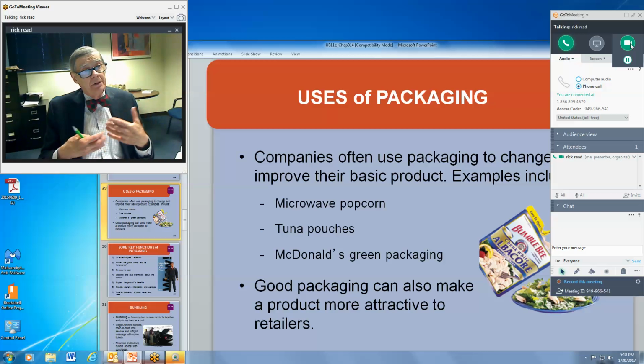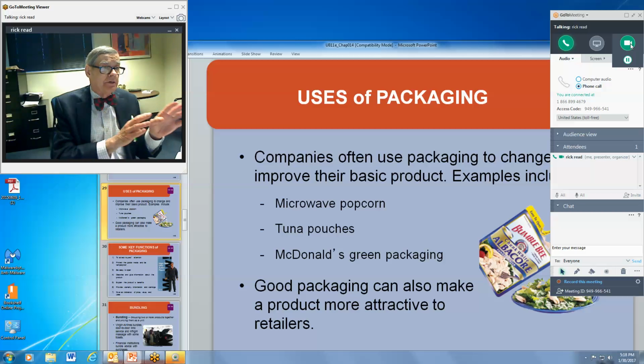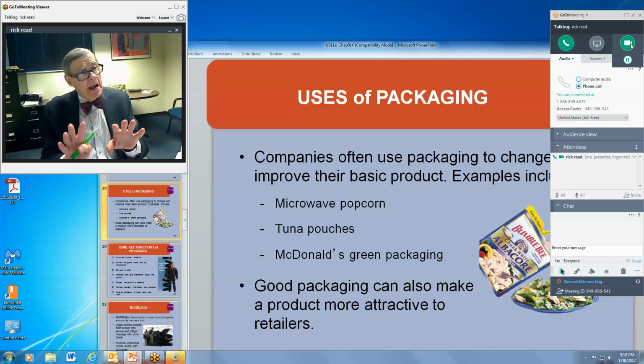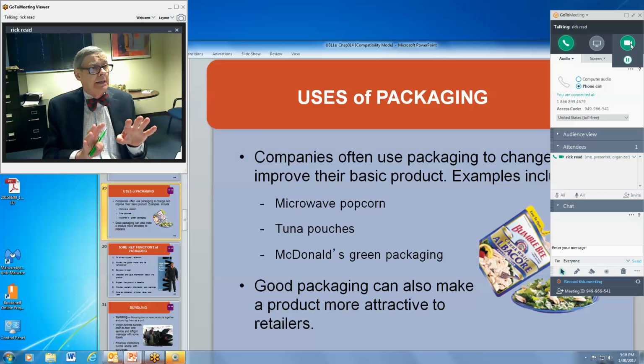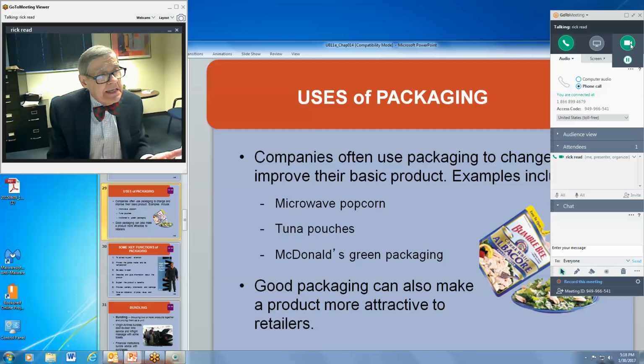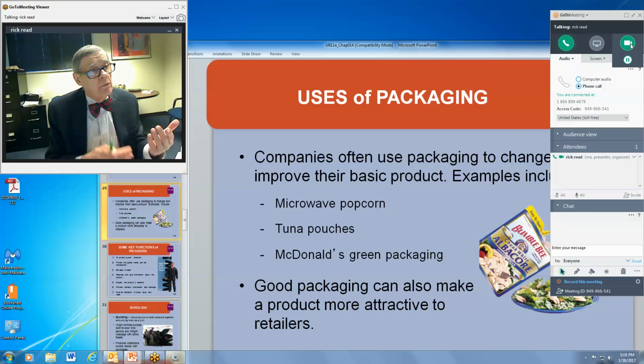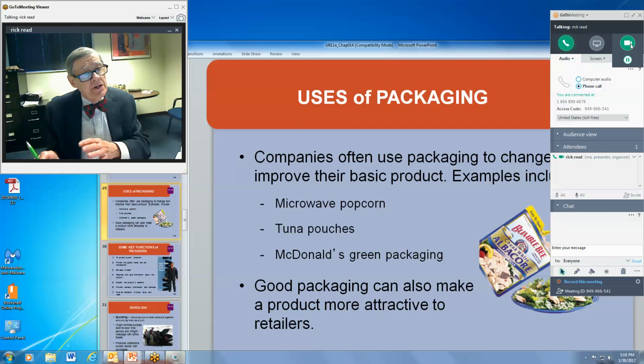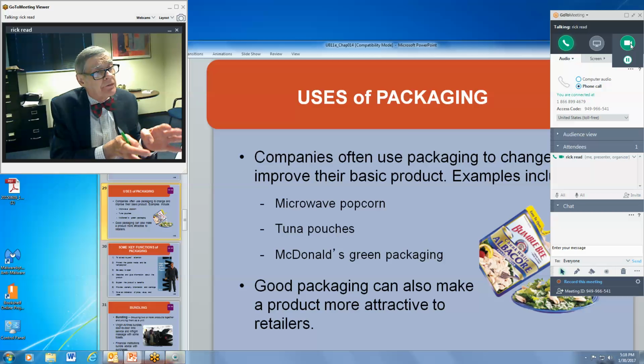We want something to look pleasant, and obviously the manufacturer is trying to catch our eye and get us to make a purchase decision based upon what we see, not necessarily what we've gone through to find out, although the package will help us make that decision.